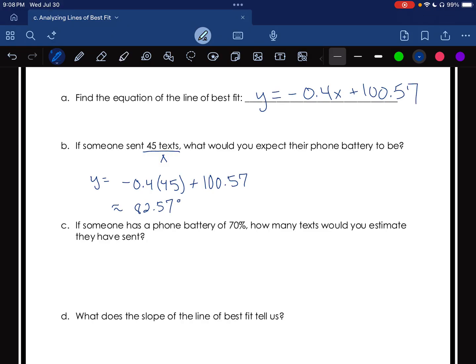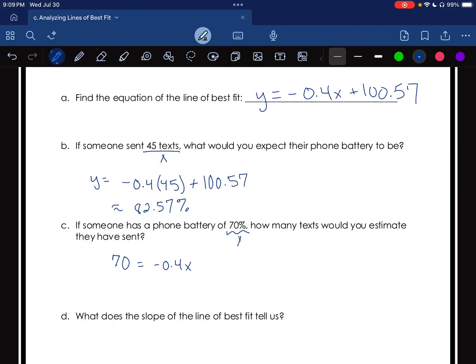Then we would have negative 30.57 is equal to negative 0.4x. So then we divide both sides by negative 0.4, excuse me, and we get out about, I should use the squiggly guy, 76.43 texts. So we expect them to have sent about 76.4 texts.